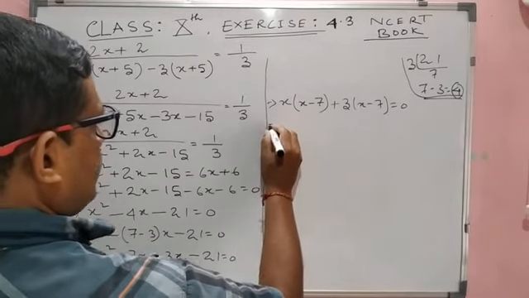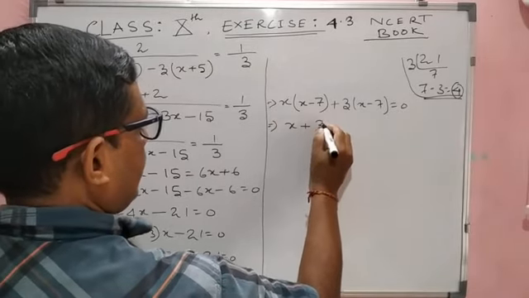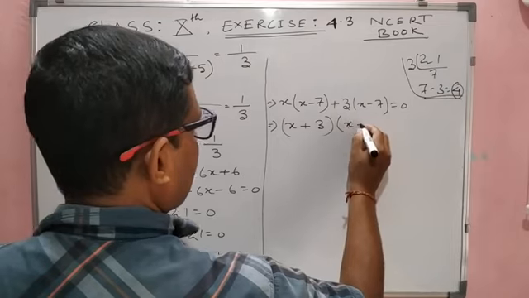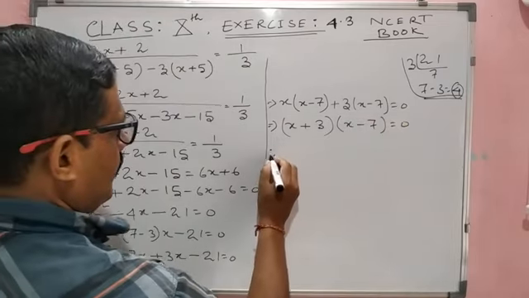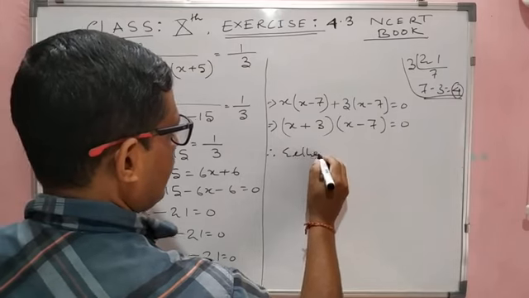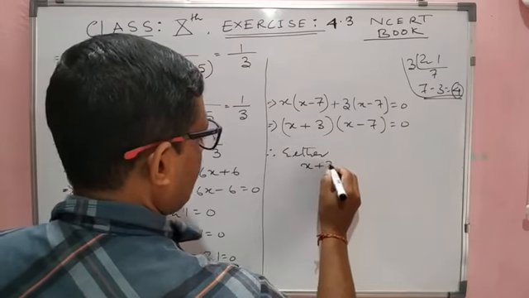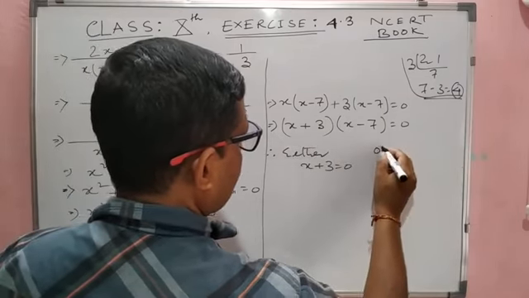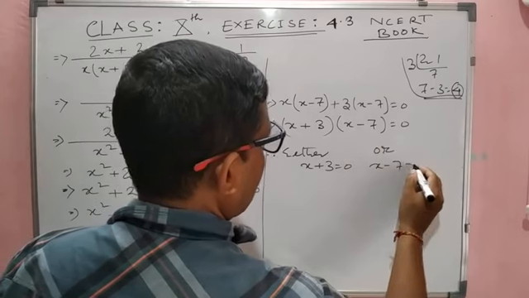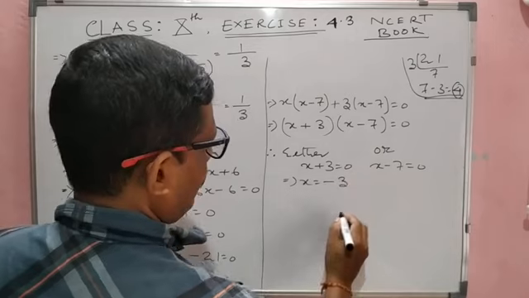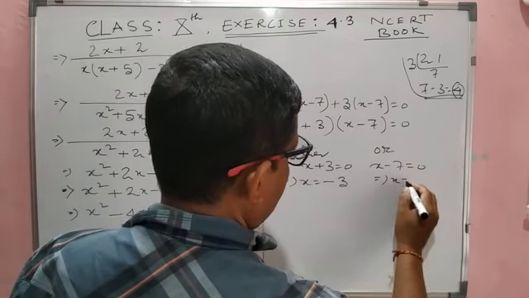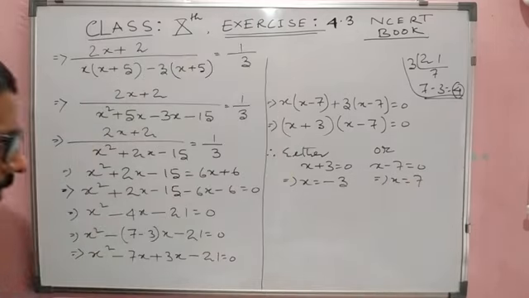So this implies that x plus 3 all into x minus 7 equal to 0. Therefore either x plus 3 equal to 0 or x minus 7 equal to 0. It implies that x equal to minus 3 and x equal to 7.